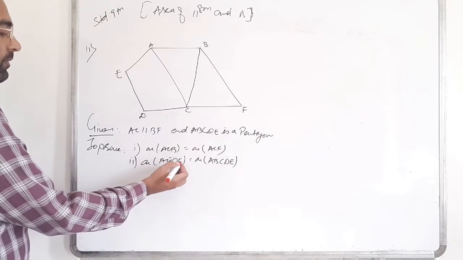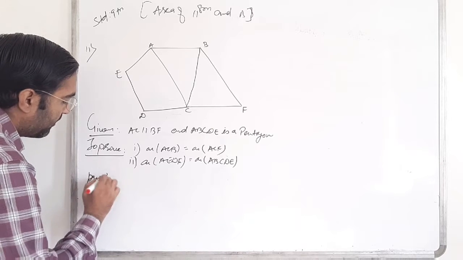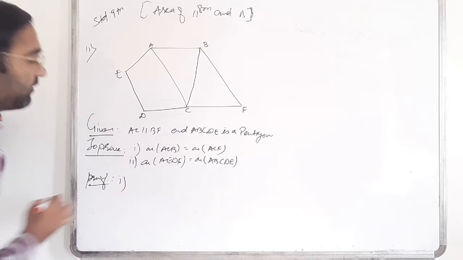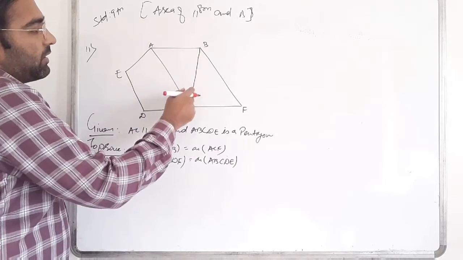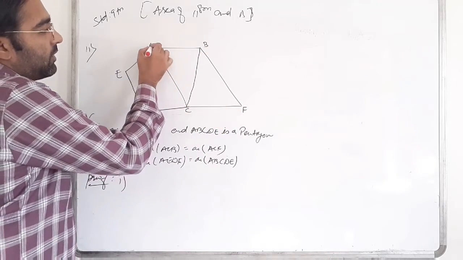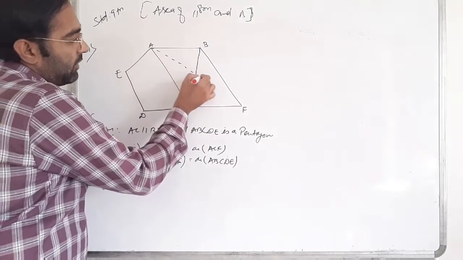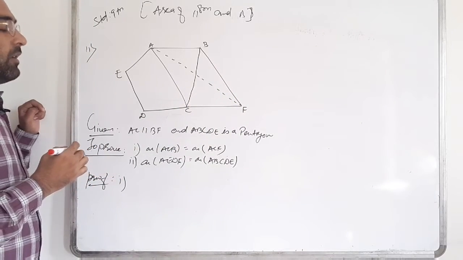Okay, so let's move to the proof. Here, first thing, for ACB and ACF, I'll draw the diagonal of ABCF.